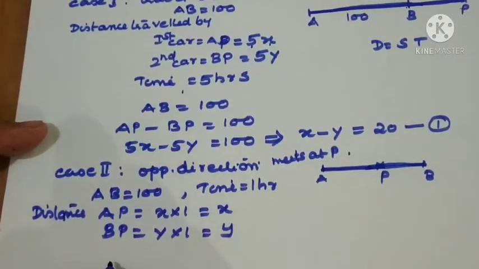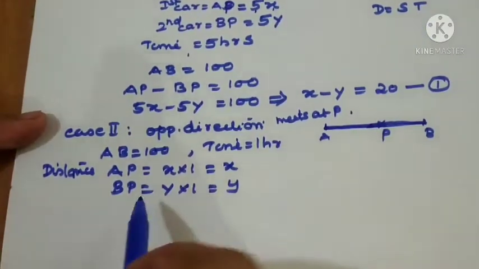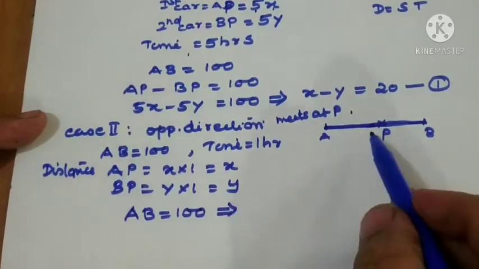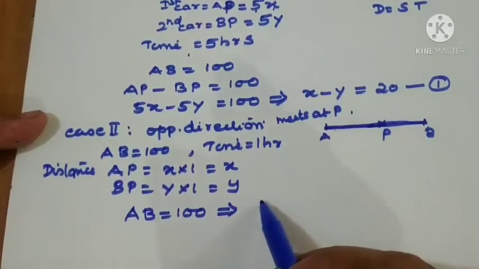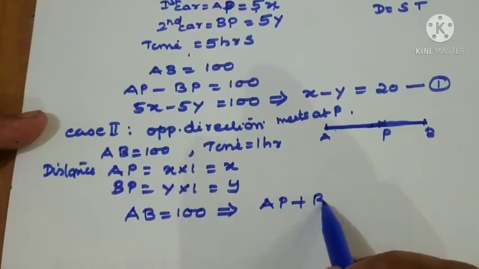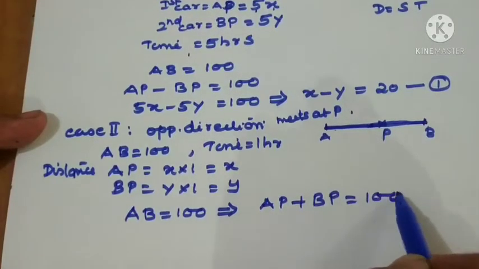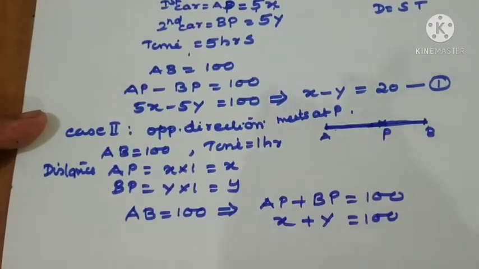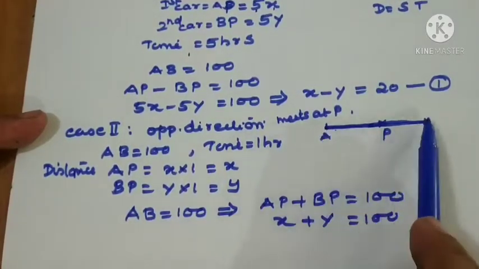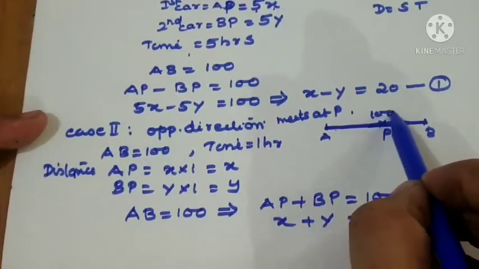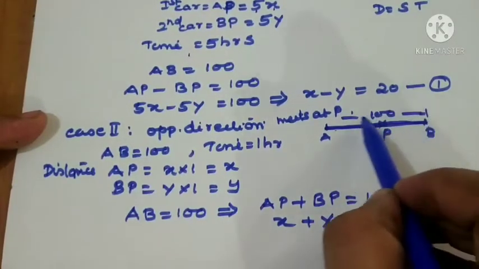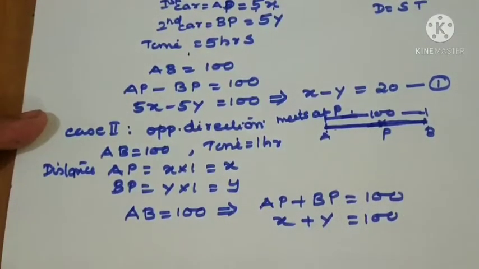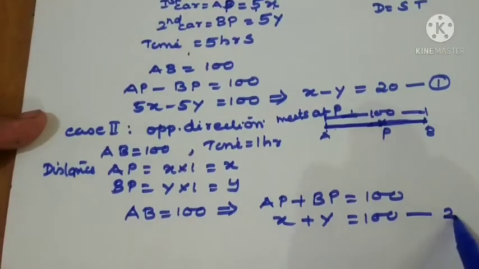Now AB this time. Last time we saw that AB equal to 100, we made an equation. Now from the diagram, AB equal to 100 means, can we write AP plus BP equal to 100? So x plus y equal to 100. Last time it was minus. This time the distance AB is 100 only, so AP plus BP we should add in the second case. So we got the second equation.